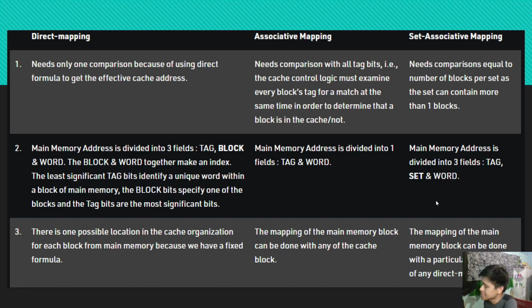While on the set associative mapping, the mapping of the main memory block can be done with a particular cache block of any direct map cache. So in here it is 1 to 1. In here you can place it anywhere. In here it can be placed into a particular cache block only.